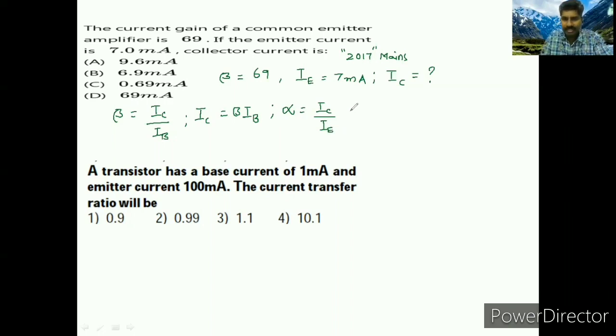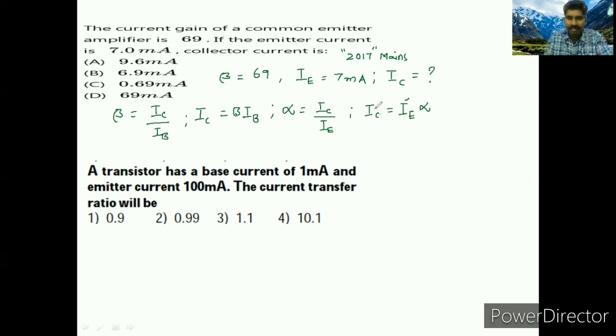Now from this we can get IC is equal to alpha times IE. Here we need to calculate the alpha value, then we can get the IC value, because IE we know.